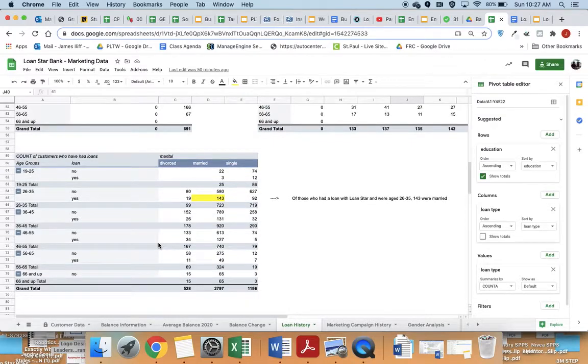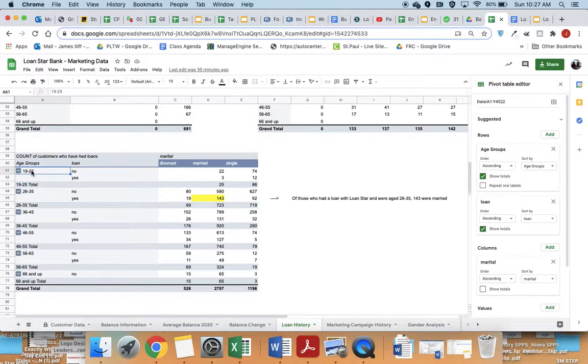Ooh, look at this one. So this is age group and whether they had a loan or not, and then their marital status. Let's pick on this one right here. Again, not because this is special, just because I wanted to highlight it.